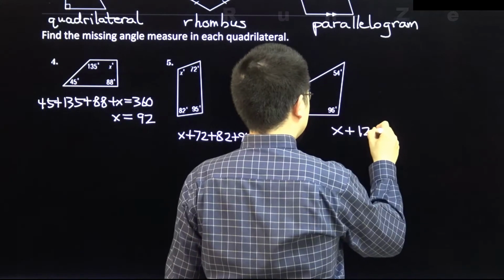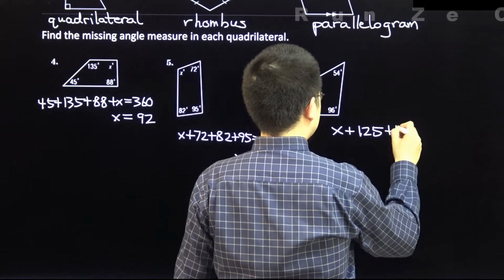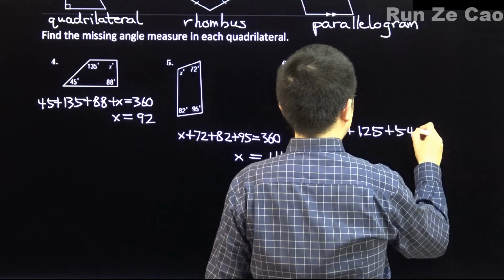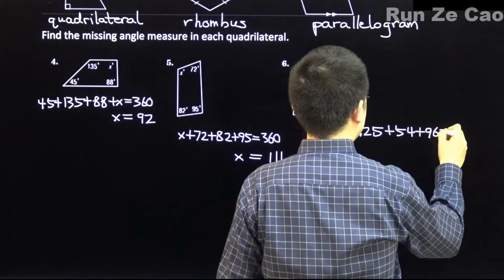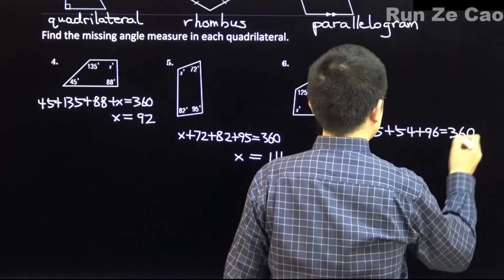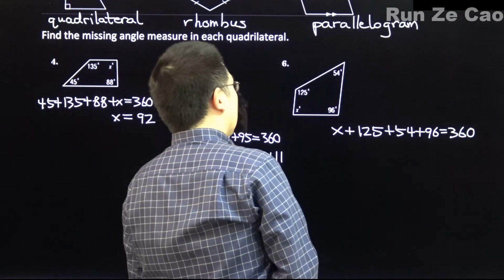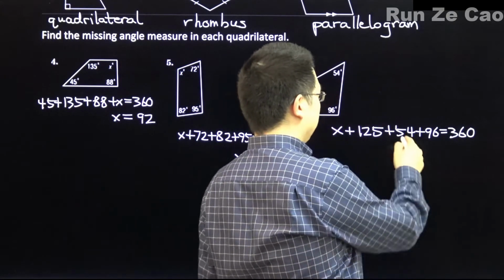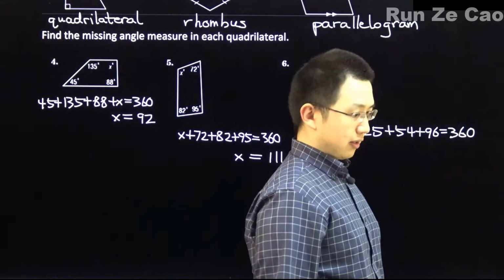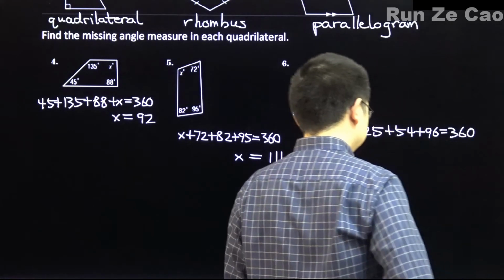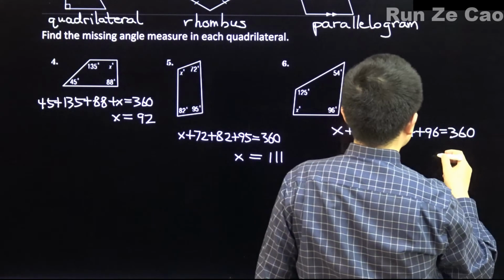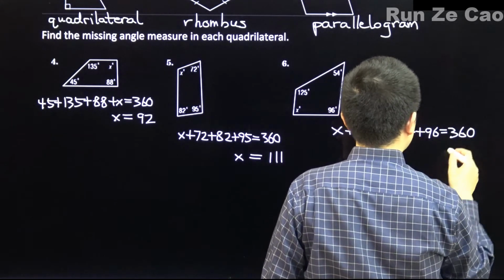Here, plus 125 plus 54 plus 96 equals 360. So, what's 54 plus 96? Oh, that's 50 plus 100. So 150.